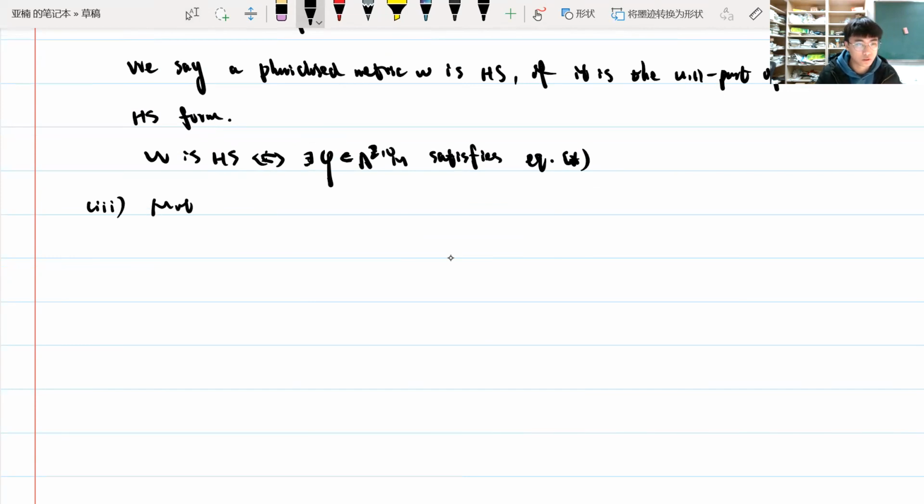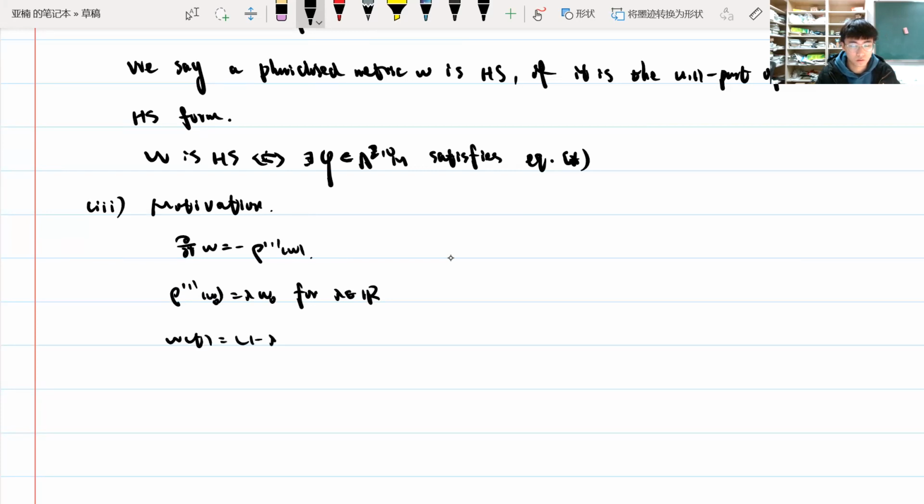One of the motivations is, if we consider the pluriclosed flow, just like the Ricci flow or Kähler-Ricci flow, we consider the possible simplest solution, like if we have an Einstein type metric for some constant, it is a solution.